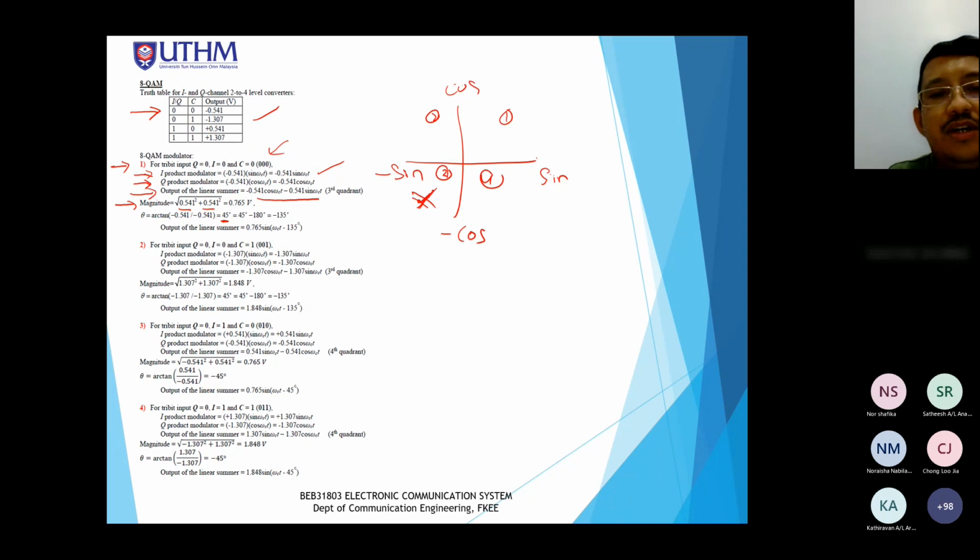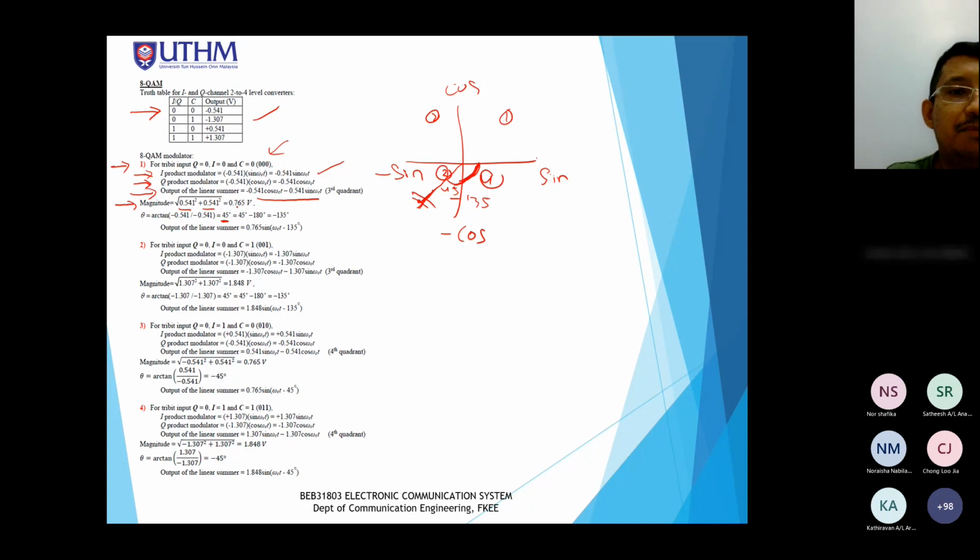So remember, this is 45 degrees from here, so if you want to calculate from the axis, that means it is 90 plus 45. So it is actually minus 135 if we measure from the x-axis.